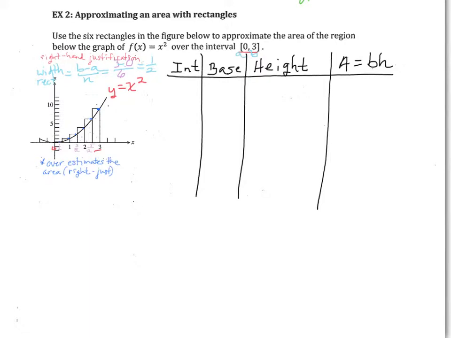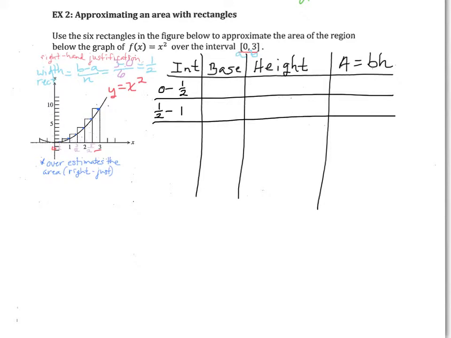Their heights, however, are varying. As we look at our intervals, I have an interval from 0 to 1/2. That's our first interval. Then we go from 1/2 to 1, still with a width of 1/2. That's our second interval. And then from 1 to 3/2.